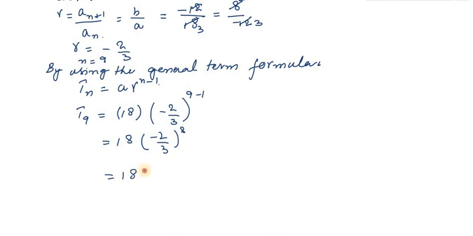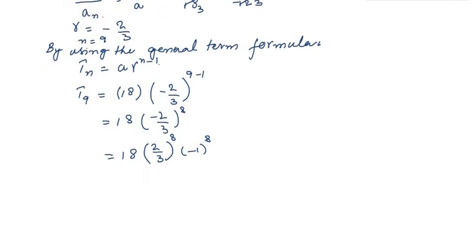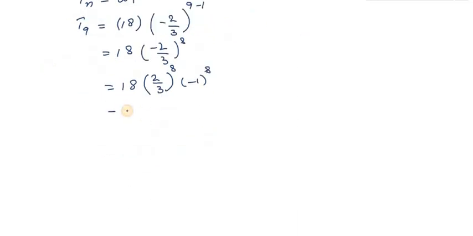So 18, and we put the power here. We know that if the sign is negative and the power is even, then the sign will be positive. We can write it as 2 upon 3 to the power 8, and also minus 1 to the power 8.